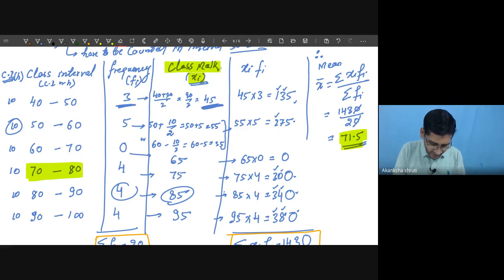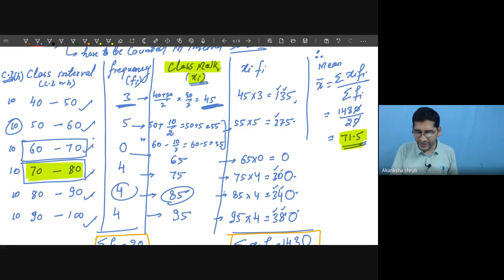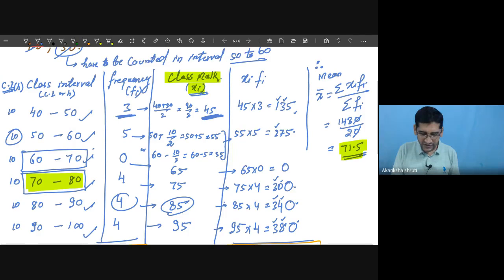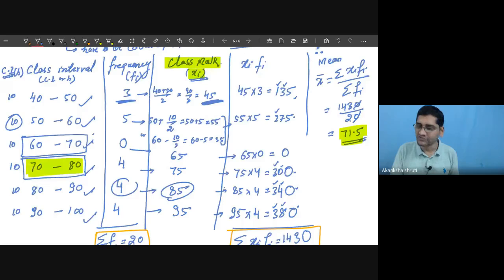You can observe here is the first class, second class, third class, fourth class, fifth class, total 6 classes. So the middle one will be either this class or this class. Now which class does it lie in? It depends on the data given, meaning the marks obtained and the frequency, and here we have observed it is lying in this one. Okay, 70 to 80. So this is the measure of central tendency.